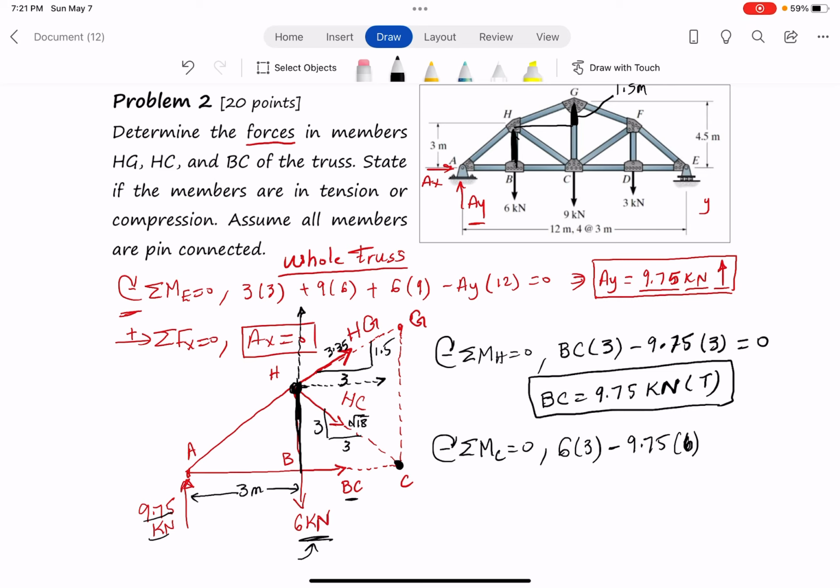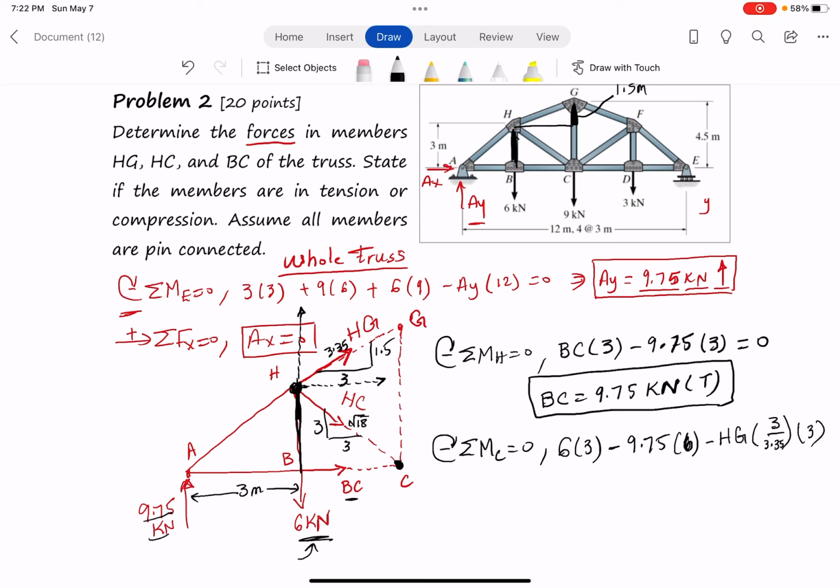The force in the x is going to be a negative HG, and since it's at the x, it will be 3 over 3.35, times the distance, which is 3 meters, the perpendicular distance from the horizontal projection of HG from point C.